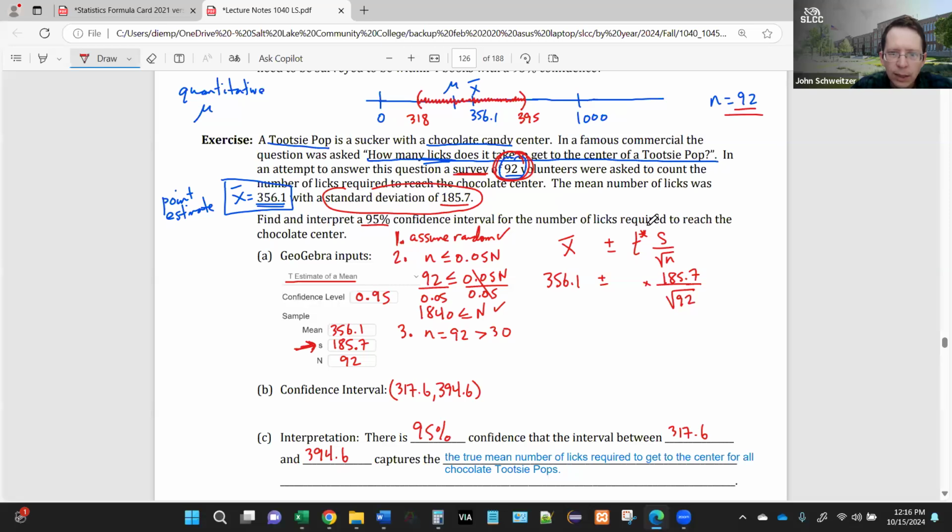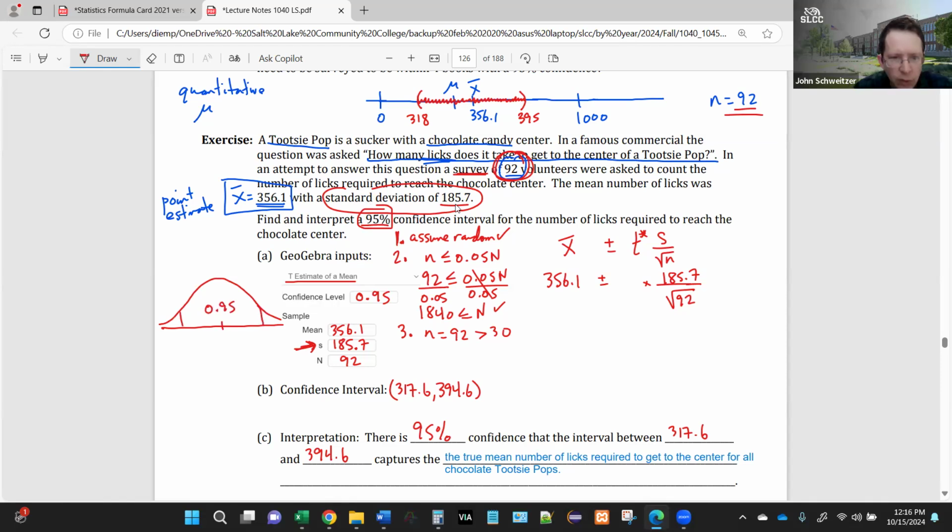Okay, so what is the T star required for a 95% confidence interval? Well, if we want to be 95% confident, we have to go out far enough in the distribution such that we capture the middle 95% of the distribution.